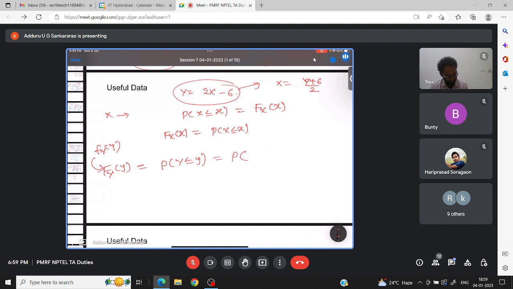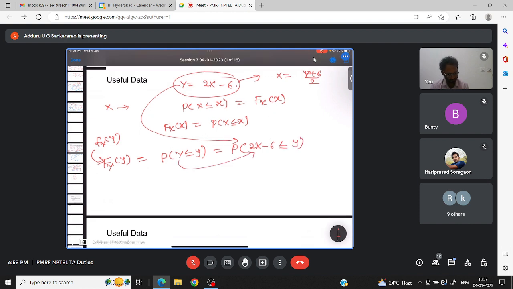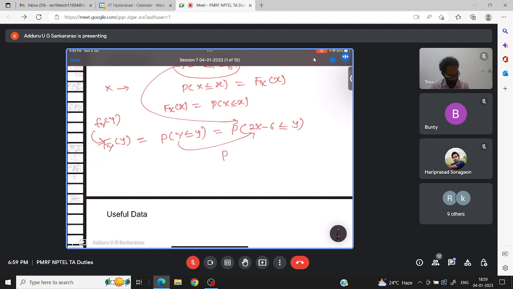Now replace Y with 2x minus 6: the probability that 2x minus 6 is less than or equal to y. So this I'll write as x less than or equal to (y plus 6) by 2.